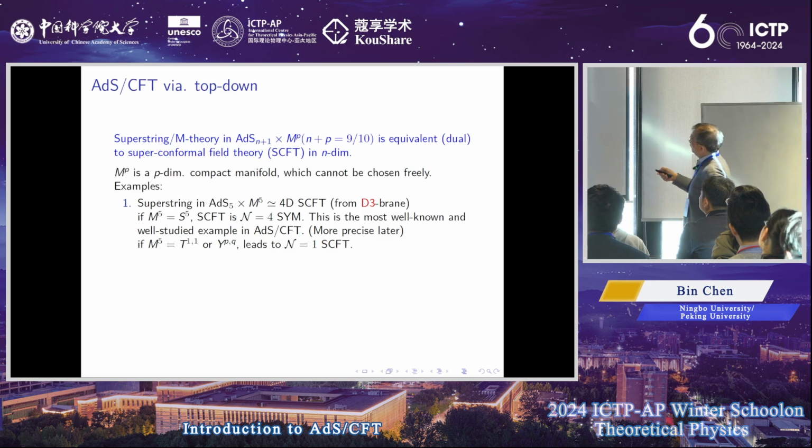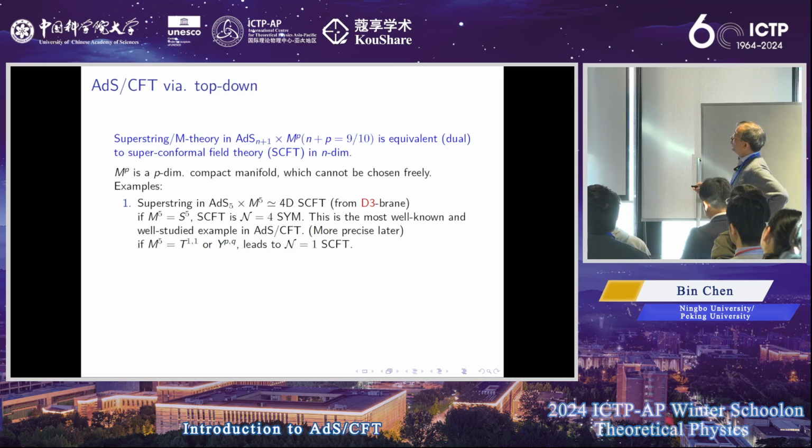If this M5 is simply a five-dimensional sphere, then the superconformal field theory is N=4 super-Yang-Mills theory. This super-Yang-Mills theory is conformal. So this answers your question. This is the most well-known and well-studied example in AdS/CFT, and I will introduce this correspondence in more detail.